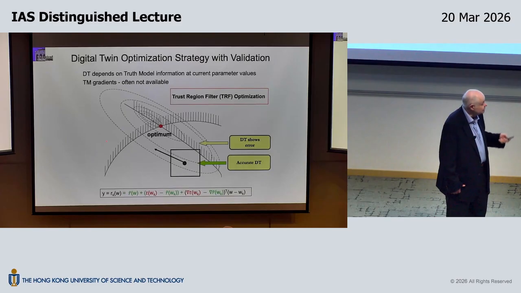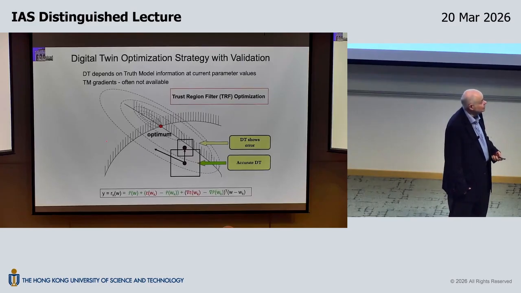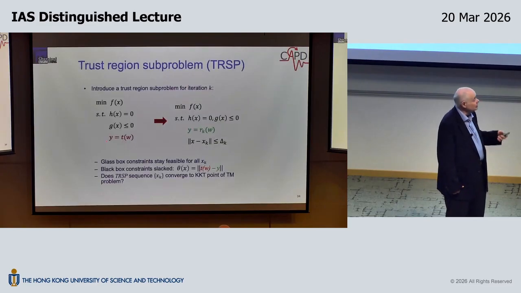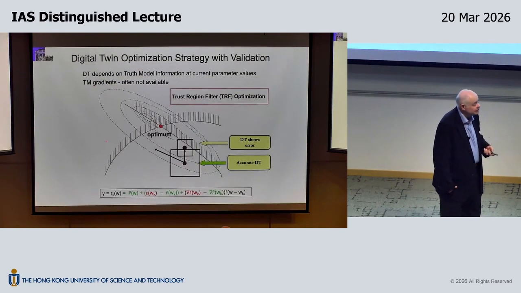Based on that, we may not want to take that direction. In fact, we'll go to something like this. And then at that point, we move the trust region and solve the problem again, and move forward, but only inside the trust region.